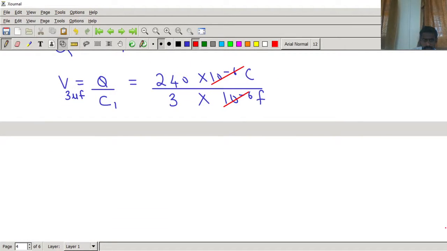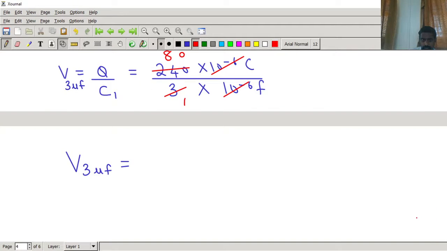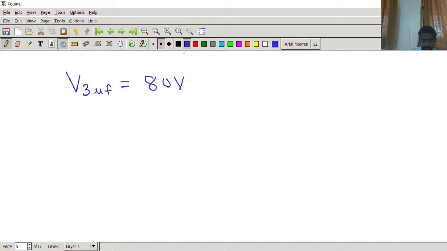That is the potential difference across the 3 microfarad, that is, how much voltage we get across it. 3 1s are 3, 3 8s are 24, so that is 80 coulombs per farad, which is nothing but 80 volts. So the potential difference across the 3 microfarad will be 80 volts.